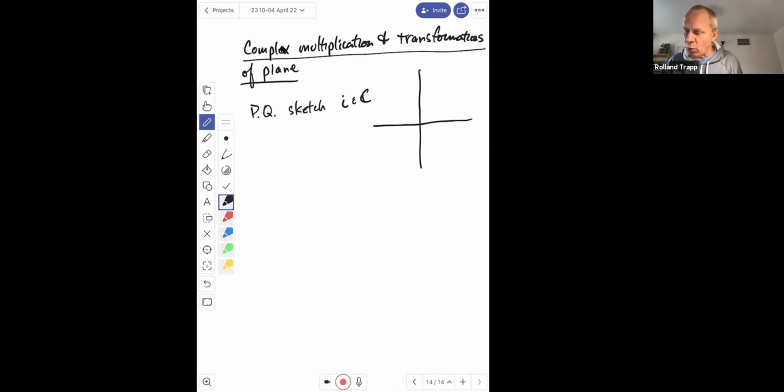Where is its endpoint? I know that it's going to start at the origin. Where is its endpoint, thinking of this as R2, like points in the plane? Where should I draw this vector i?